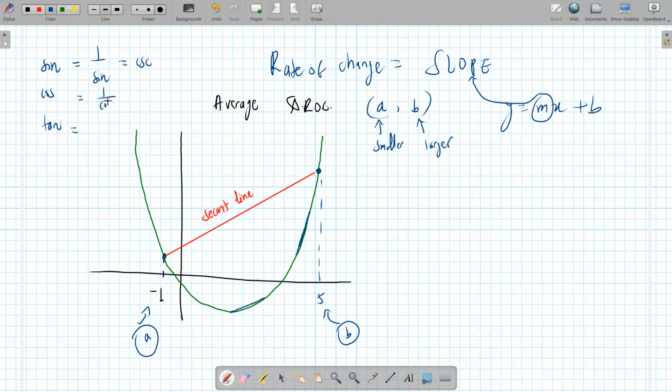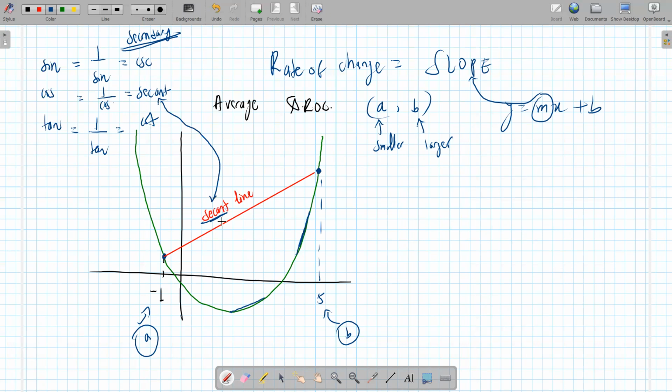What's 1 over cos? It's SEC, secant. These are called the secondary trig functions, not primary, secondary. If you flip the primary ones upside down, you get the secondary. For tan, it's 1 over tan, it's the cotangent. This is not a trig unit, but the secant is the same as the secant over here.